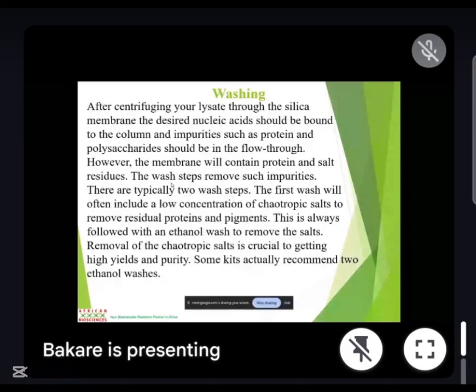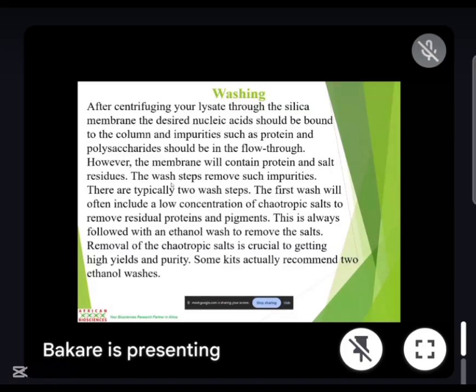In fact, when you open your wash buffer, if you are familiar with the scent of alcohol, immediately you open it, everywhere starts smelling like ethanol. So the wash steps will remove impurities, protein, salt or phenol residues that might still be binding to your nucleic acid and the silica.